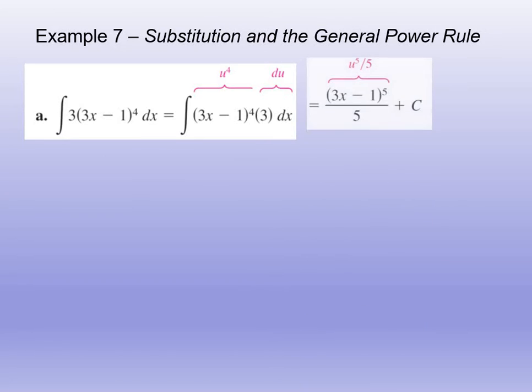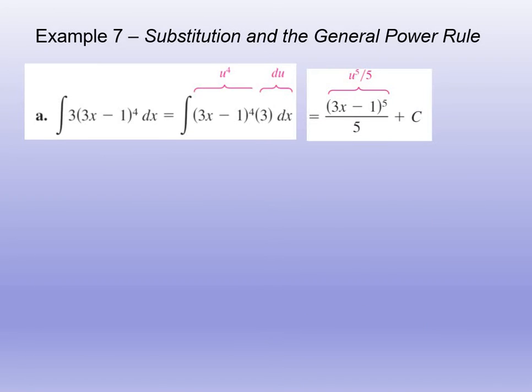So I can take the integral of u to the 4th du very easily. u to the 4th integrated is u to the 5th over 5. Once I have u to the 5th over 5, I replace u with what we said it was before, 3x minus 1. So we do that replacement. Don't forget the plus c.